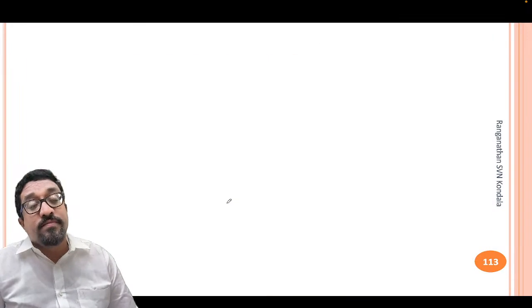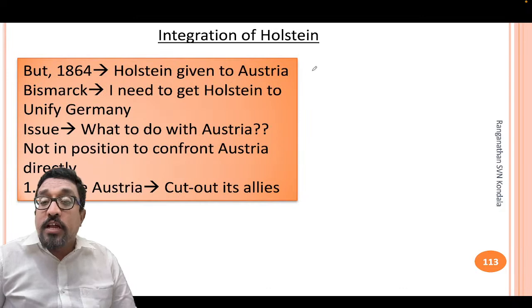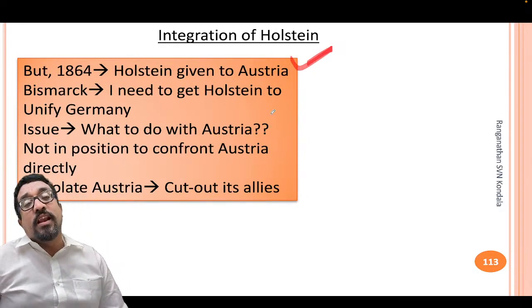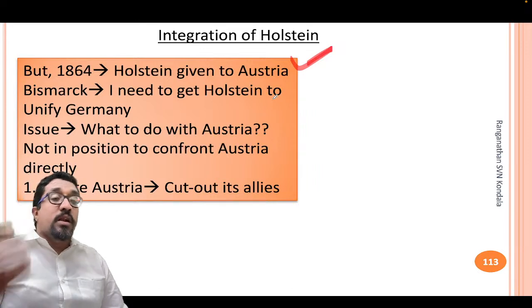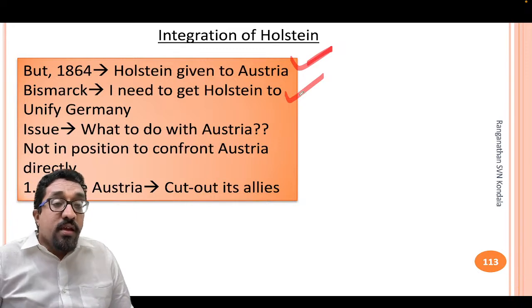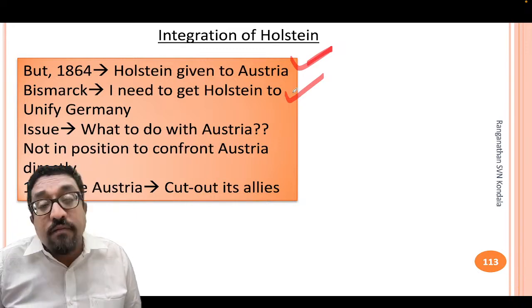और वही किया इसने. 1864 में Holstein was given to Austria, but Bismarck, one year later in 1865, started demanding Holstein with an aim that we want to create Germany, and with Holstein under Austria we can't create it.